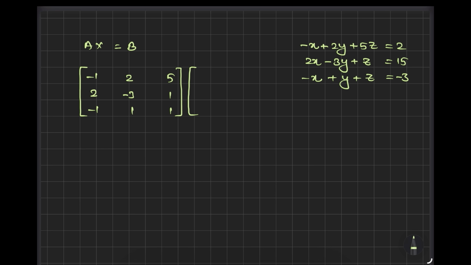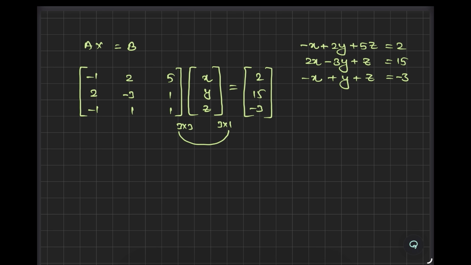Who is X? X is the variables used. Right now we have used three variables x, y and z. Who is B? B is the constant matrix 2, 15, -3. You know that this is a 3 cross 3 matrix times a 3 rows, 1 column matrix, so at the end you will get a 3 cross 1 matrix.